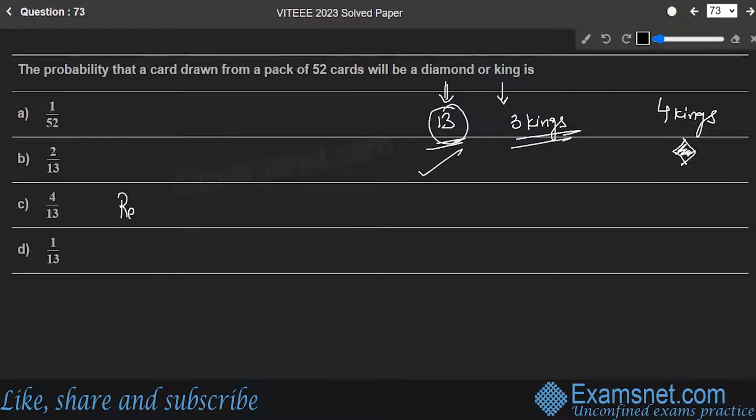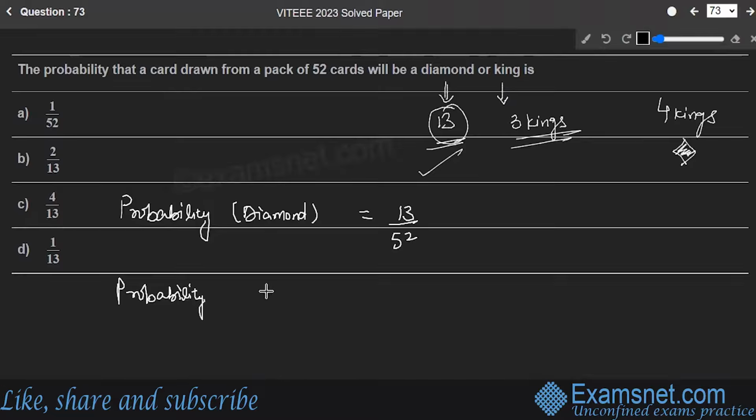Now, the required probability. See, the probability of getting a diamond card is given by 13/52. And the probability of getting a king is 3/52. Right?